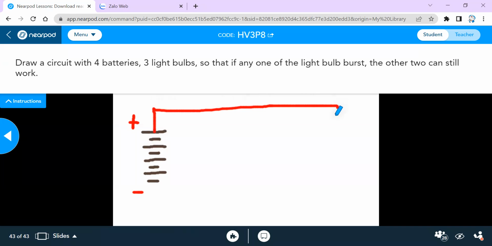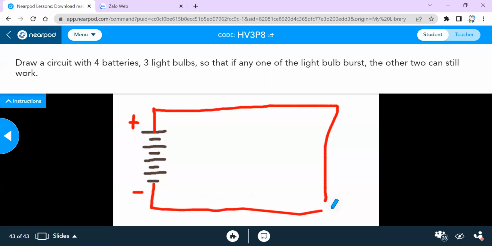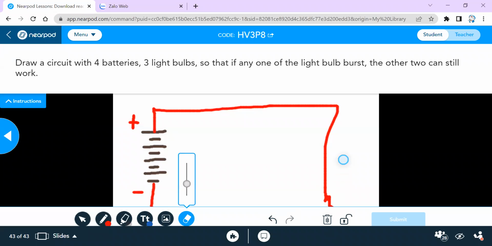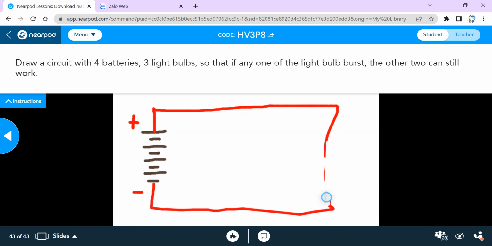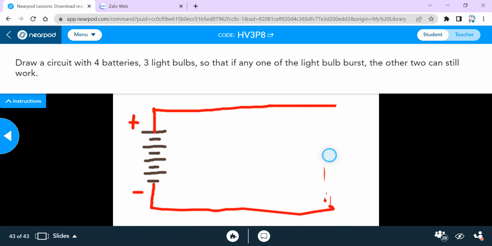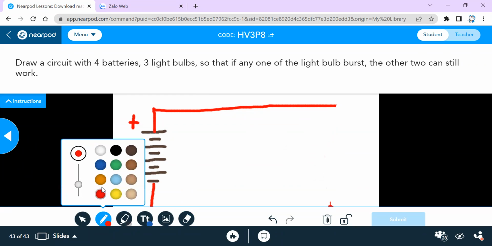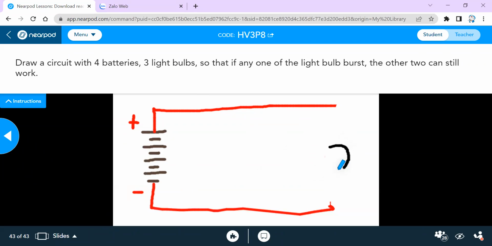So let me draw the outer layer first. Let me get an eraser first. I will draw 2 not-straight lines. Okay. Now I have 3 light bulbs, so I will give 1 light bulb in every line, in every parallel branch.